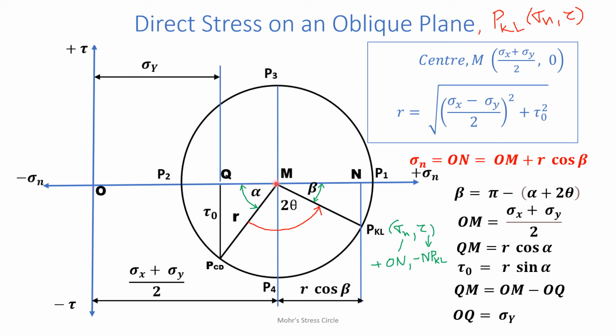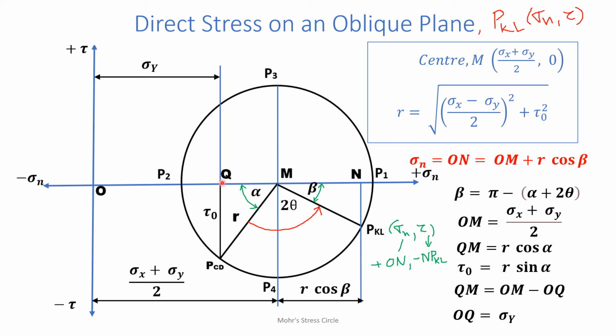OM is the sigma n coordinate of the center of the circle, so OM is sigma x plus sigma y by 2. From this triangle Q PCD M, this is the radius, QM is the base, it is R cos alpha, and this is the perpendicular, so tau naught is R sin alpha.